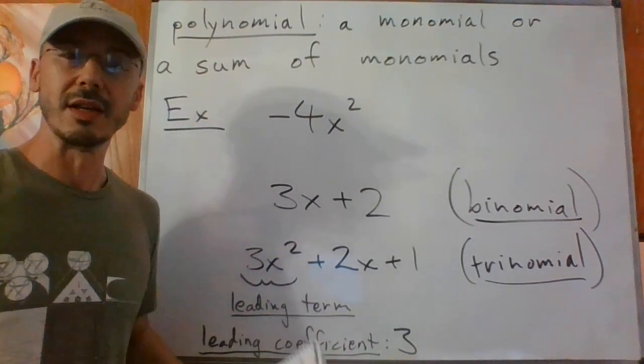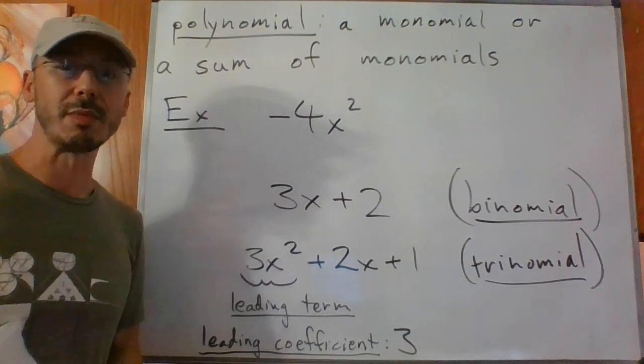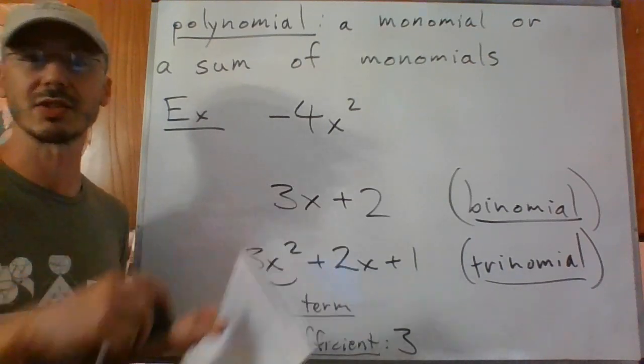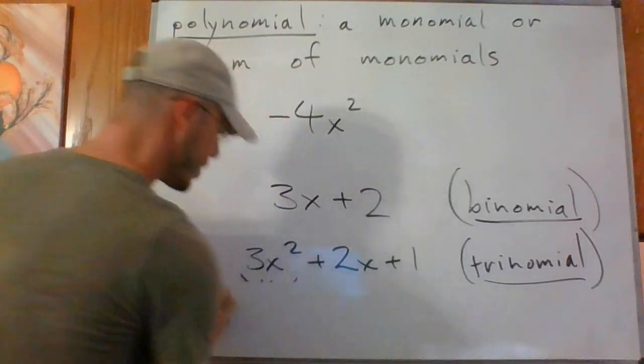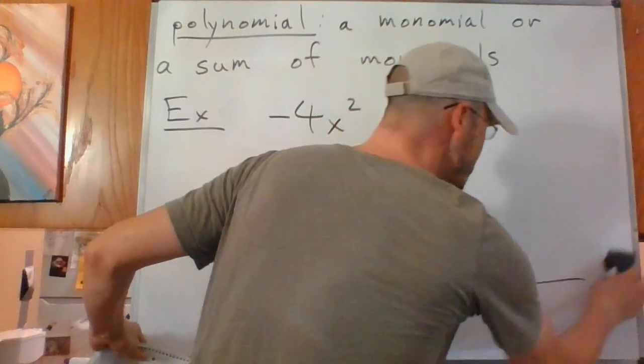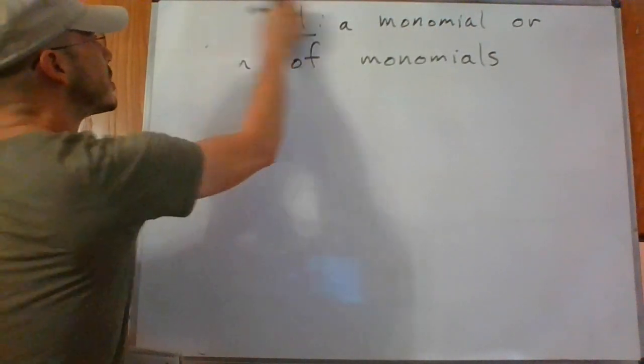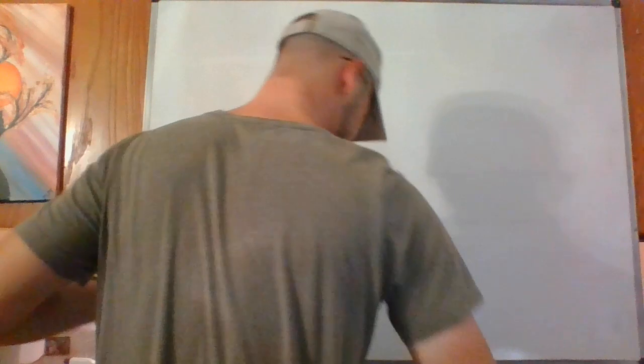All right, so now we're going to get into what we're actually going to do with polynomials in this section, which is combining them, which is a combination of algebra and arithmetic.